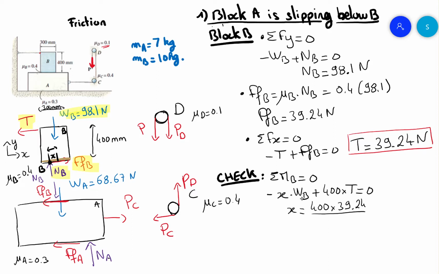So X is equal to 400 times 39.24 divided by WB, which is 98.1. That's 160 millimeter, because 400 is in millimeter.